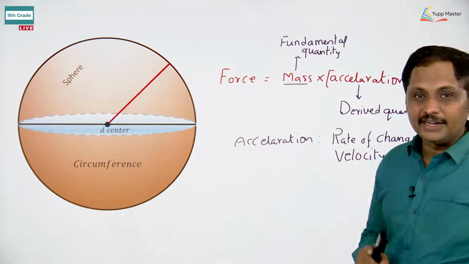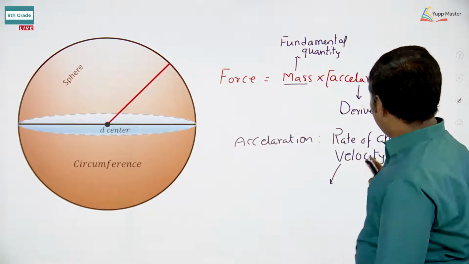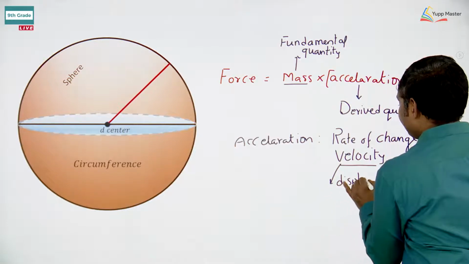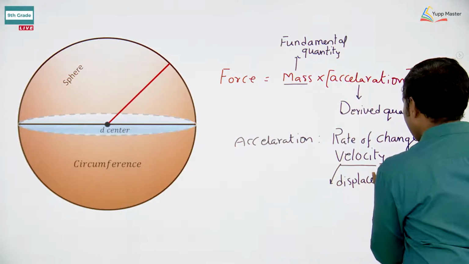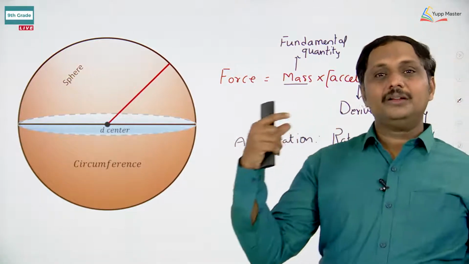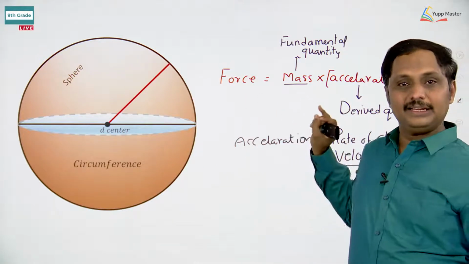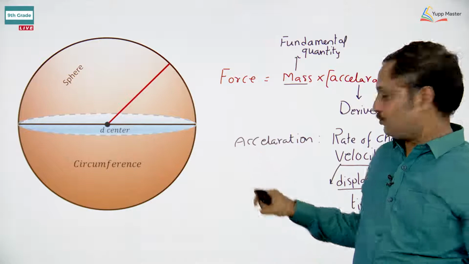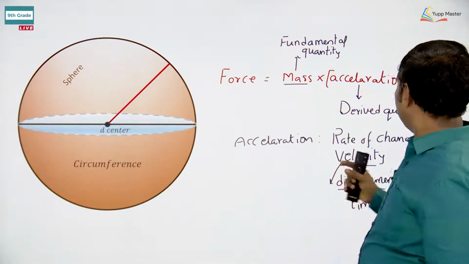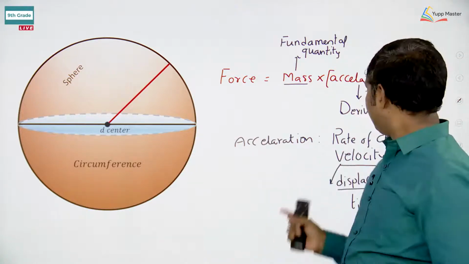If you take velocity, it is one parameter which depends on displacement and time, displacement by time. Now we are going to look at length, which is used to measure the displacement, and time is a fundamental quantity; length is also a fundamental quantity, and the rate of change is identified with respect to time. It's very clear.